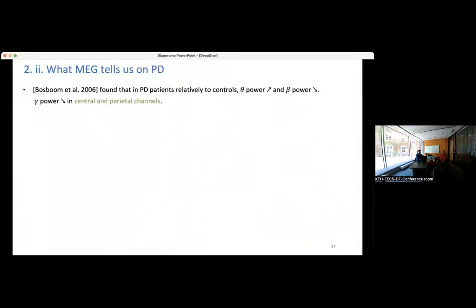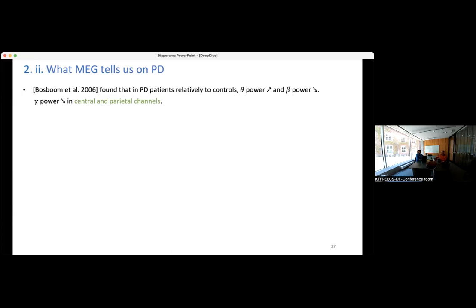Okay, so with this kind of analysis, what we know is that you have some changes in the oscillations that we observe in different parts of the brain. The different possible oscillations have been partitioned into different bands of frequency.